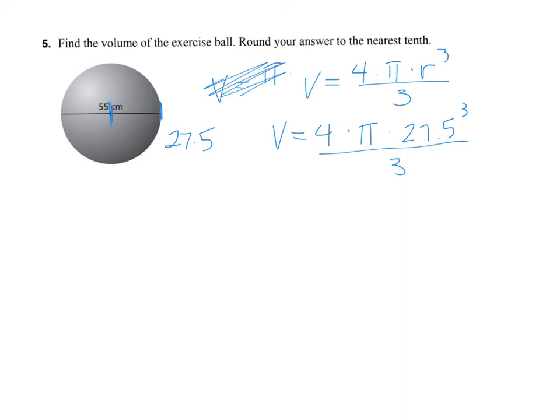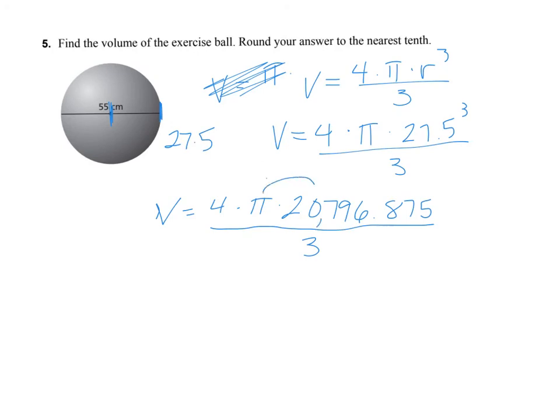27.5 to the third. Alright, so I'm going to rewrite this as volume is equal to 4 times pi, 27.5 to the third power. I get 20796.875. And I'm just going to leave that in my calculator, and then I'm going to divide that by 3. So I'm going to take 20796.875, times that by pi, times that by 4, and then hit enter.